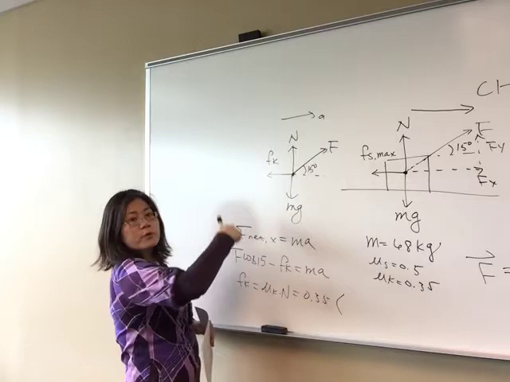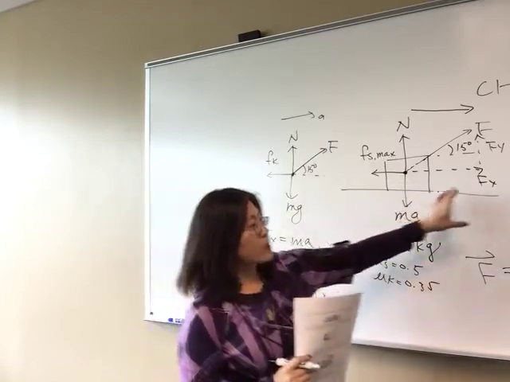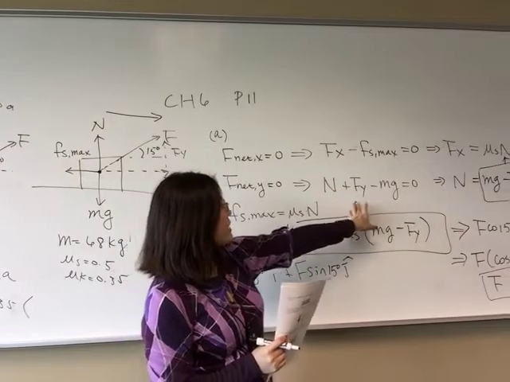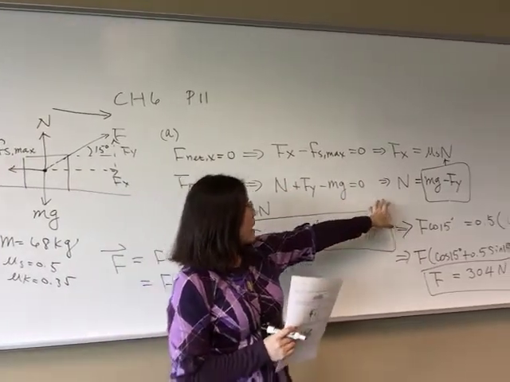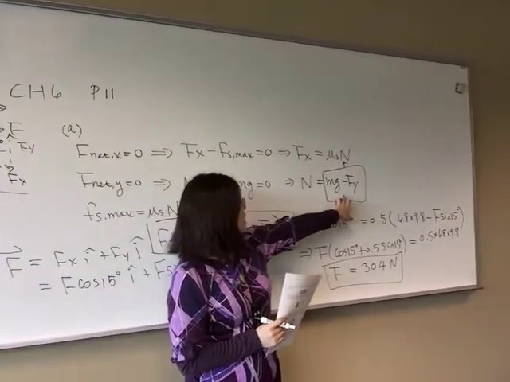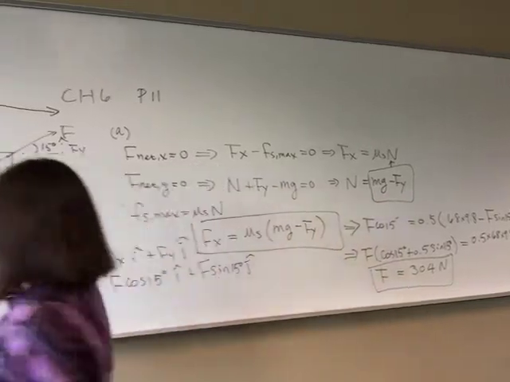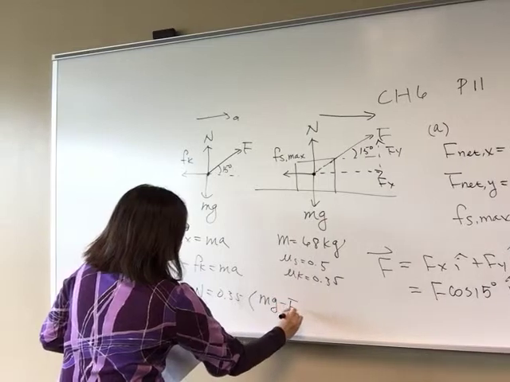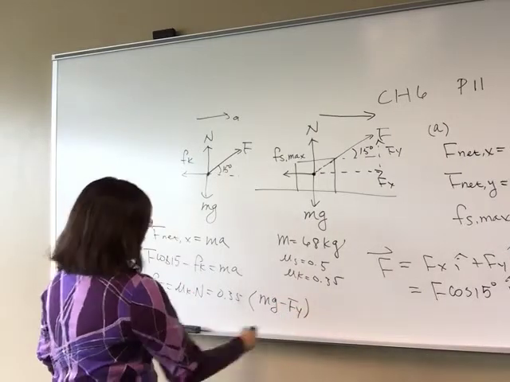And your normal force is equal to, so go back to this equation. This equation doesn't change. Okay, so you have the normal force that's equal to mg minus the y component of the force. So this is equal to mg minus Fy. Okay, so now what would that be?